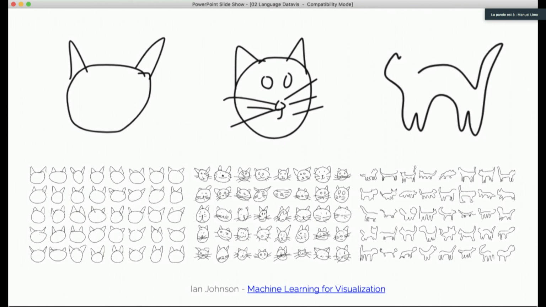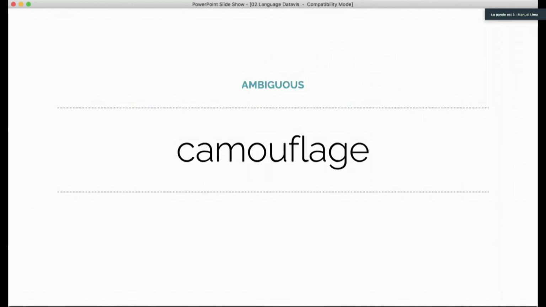This is arguably the most abstract shape of a cat, similar to Picasso's drawing of a bull. Then you have a little bit more detail on the face of the cat. And then the third is a whole different approach, right? It completely ignores the specific details of the face, and it's really more about the body, right? The silhouette of a cat.